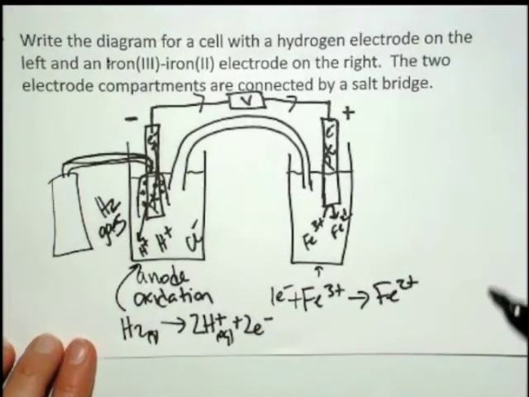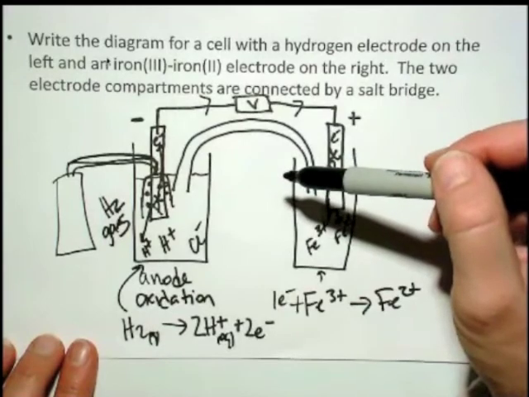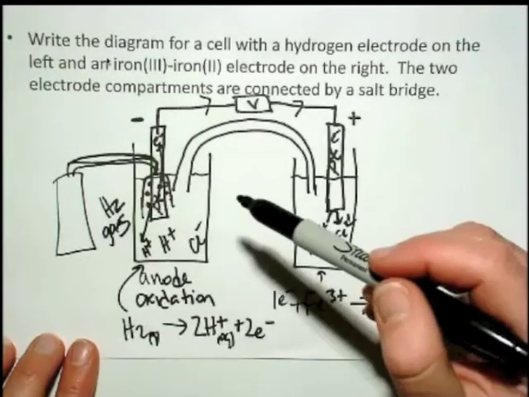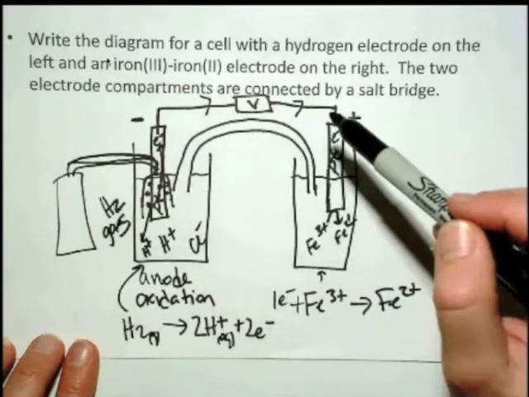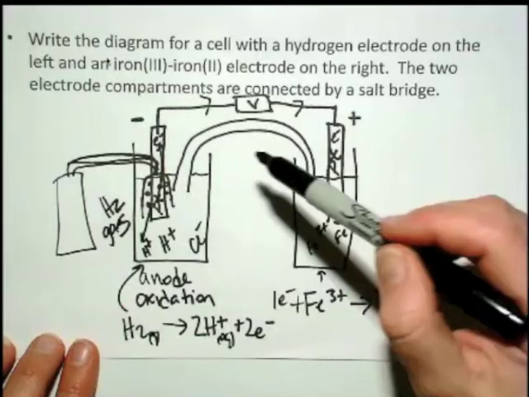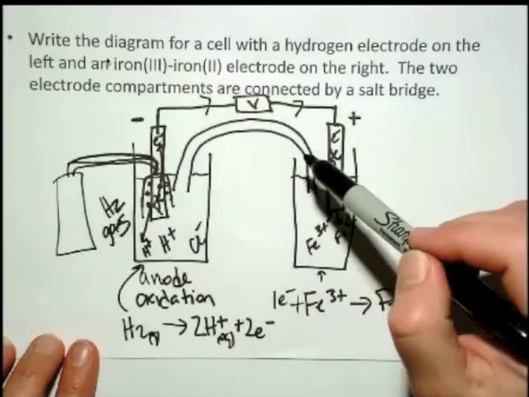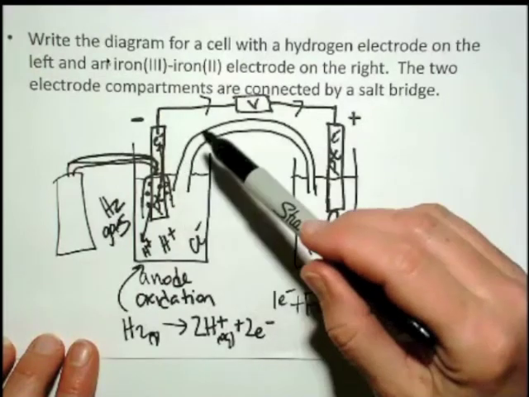So you can see, given an oxidation half reaction and a reduction half reaction, you can design a cell that separates the two half reactions and pushes the electrons around an external circuit so they can do some work for you, whatever that may be. Light a light bulb, run a battery, run a radio, whatever.